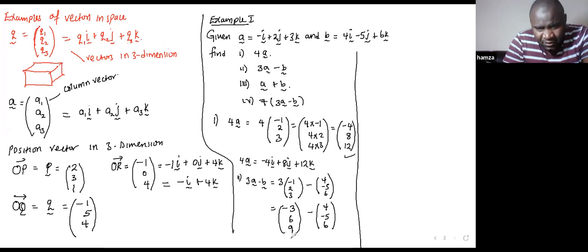This is going to take us to negative 3 minus 4, 6 plus 5, and lastly 9 minus 6. And therefore our answer becomes negative 7, 11, and 3, as our answer.